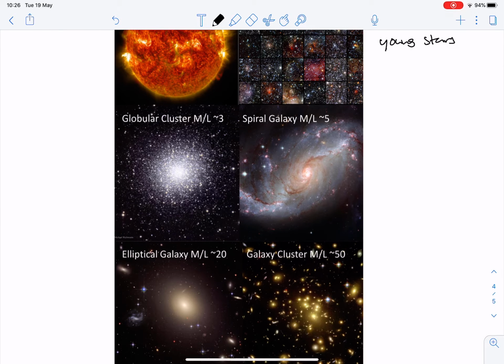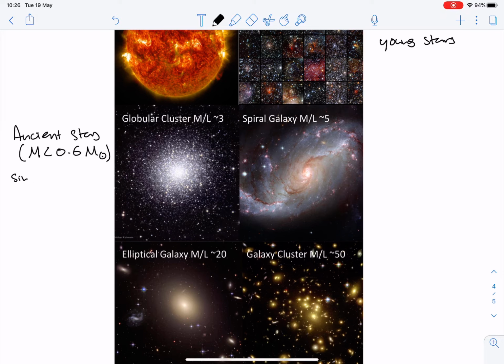If you go to here, this is the globular cluster. So globular clusters have ancient stars. So basically all the stars like the sun have already evolved and become white dwarfs. All the more massive ones have already exploded as supernovae. Ancient stars. So all of the mass is actually less than about 0.6 times the mass of the sun.